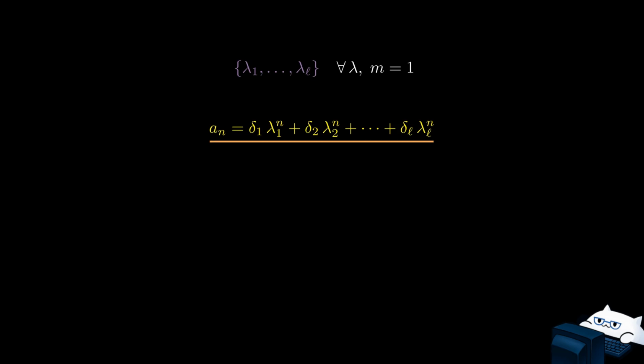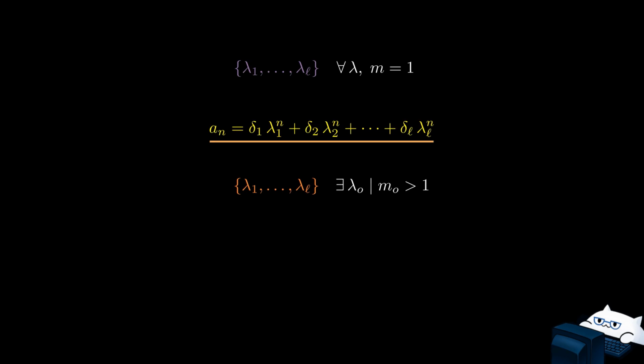Now suppose some root is repeated. For example, a root lambda appears with multiplicity m greater than 1. A single term, lambda to the power of n, is not enough to produce m independent solutions. They would be linearly dependent. So we need a workaround. Here's the trick.